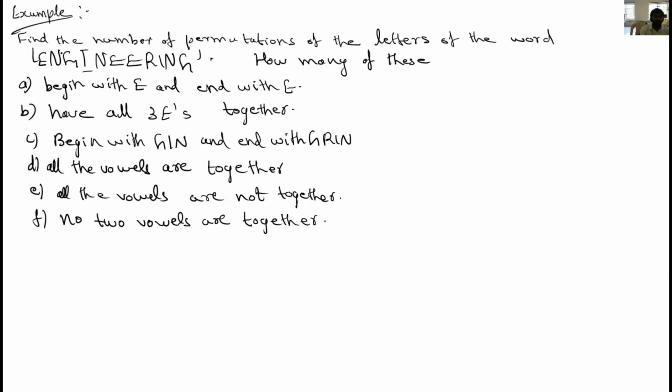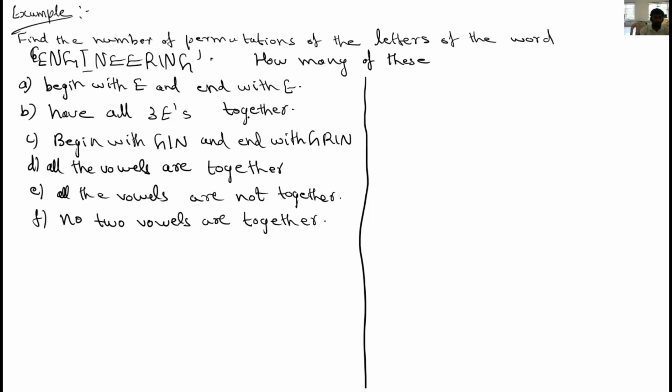See, our next question is, find the number of permutations of the letters of the word engineering. Given that, how many of these begin with E and end with E? First question. Then see what's the second question. Second question, have all 3 E's together.